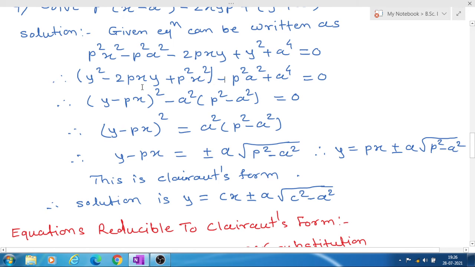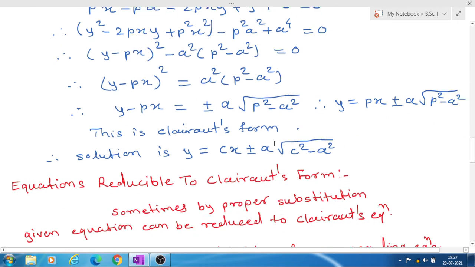These three terms are nothing but (y minus px) bracket square. Therefore (y minus px) bracket square minus, we can take a square common from these two terms, so a square into bracket p square minus a square, is equal to 0. Therefore (y minus px) bracket square is equal to a square into bracket p square minus a square.